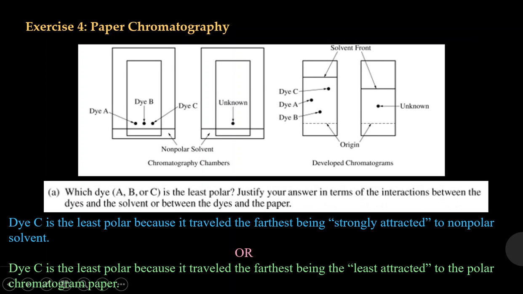All right, dye C is the least polar because it traveled the farthest, being strongly attracted to the nonpolar solvent, or dye C is the least polar because it traveled the farthest, being least attracted to the polar chromatogram paper. So you could state it either way. I believe I took this directly off of the scoring guidelines so you could see exactly how they phrased it. So take a moment to look at that, and when you get done, go ahead and move on to the next part of the FRQ.